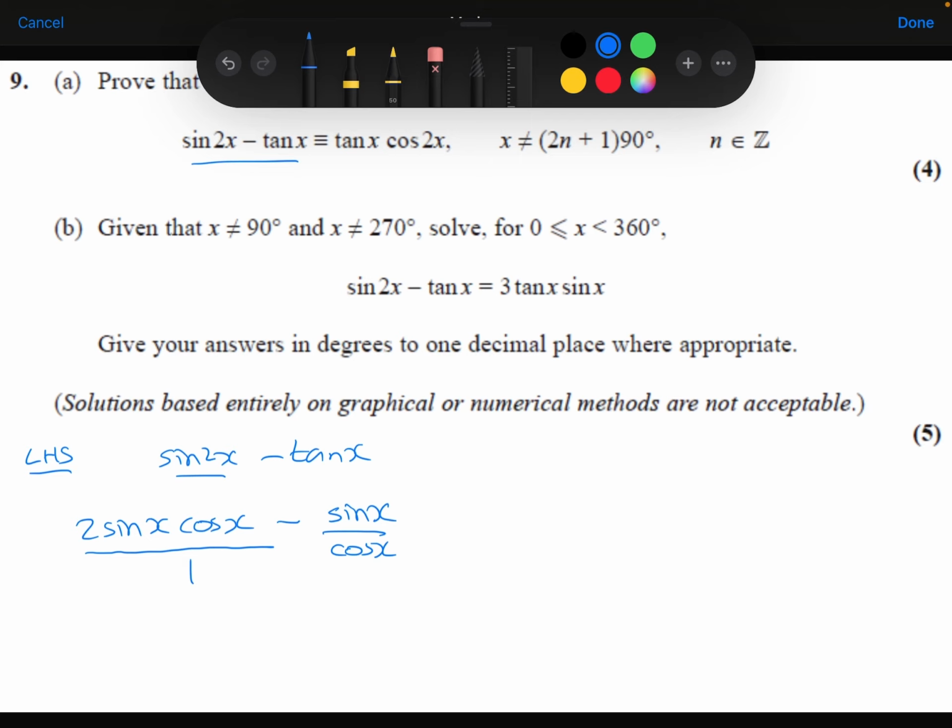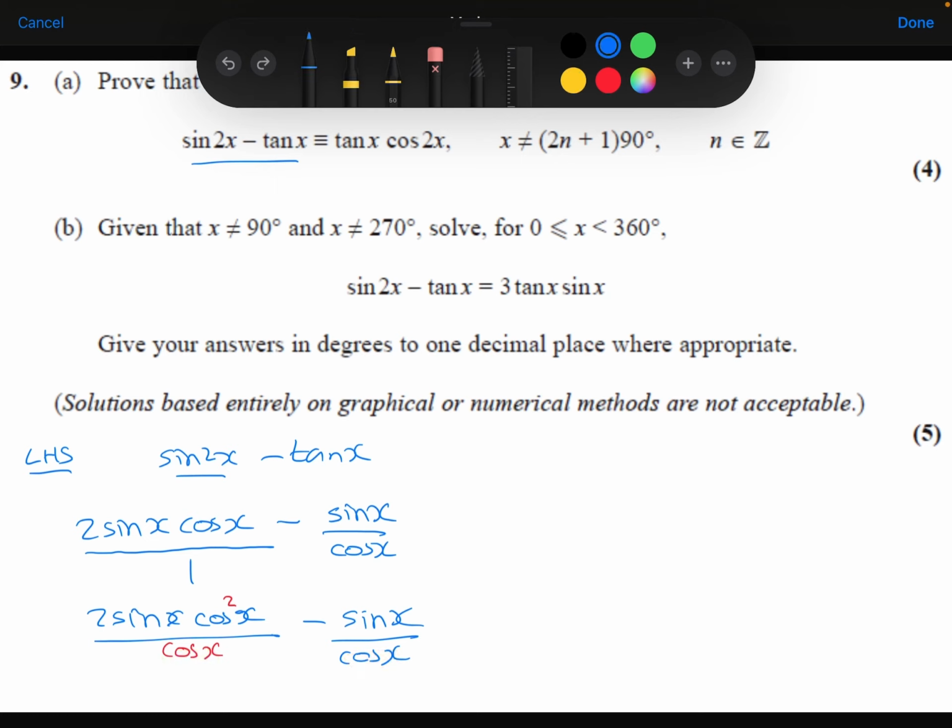And then I'm going to multiply top and bottom by cos x. So I'll get 2 sin x cos x that I already had. And then when I multiply the denominator by cos x, that's also going to give me a cos squared on the numerator. So I'm just timesing top and bottom by cos x so that I've now got a common denominator.